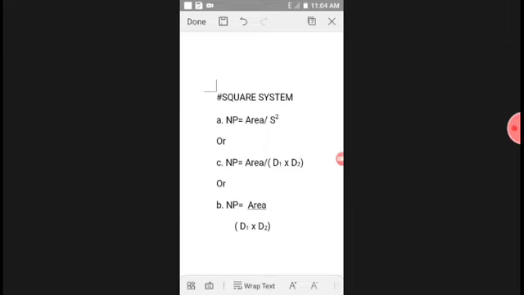Hindi lang siya for reducing erosion, windbreaker din siya. Tapos aside from that, nag-iintact din siya ng mga moisture sa baba, doon mismo sa row niya ng contour system natin.